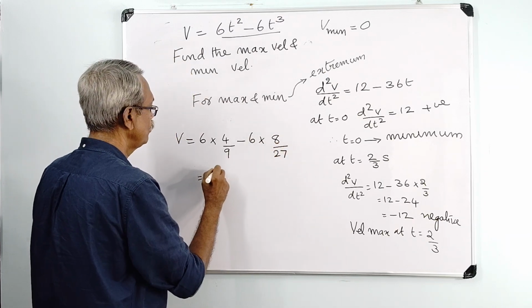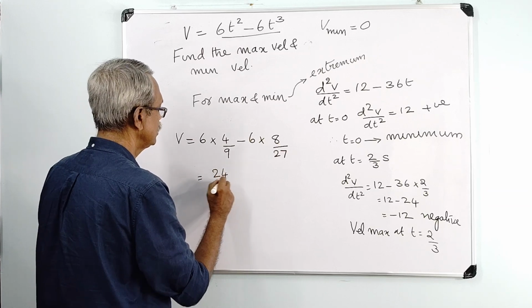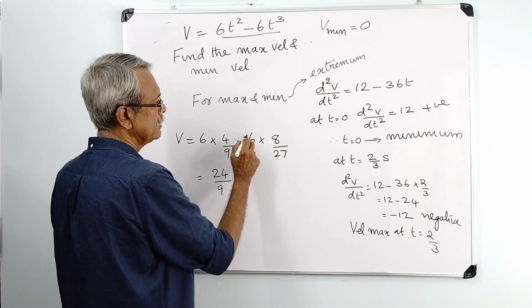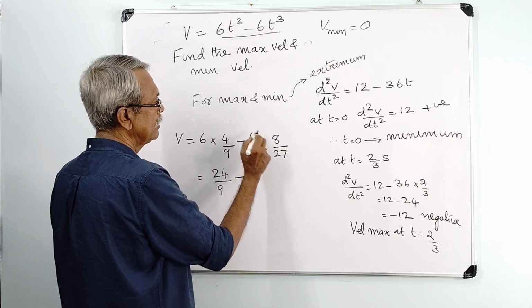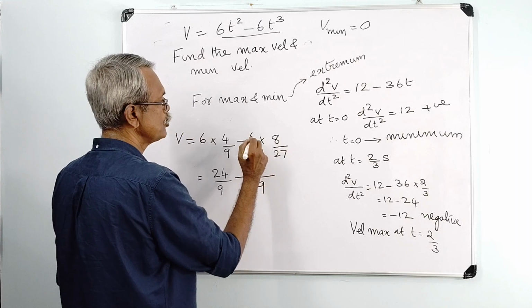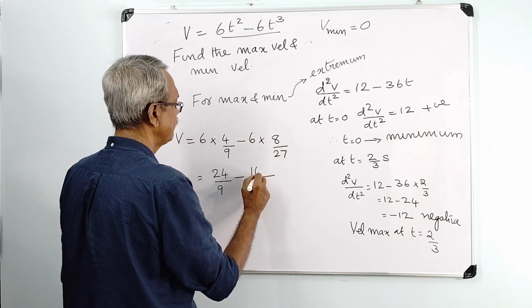That is equal to 24/9 minus, there is a common factor 3, therefore this becomes 9 and this becomes 2, 2 into 8 is 16.